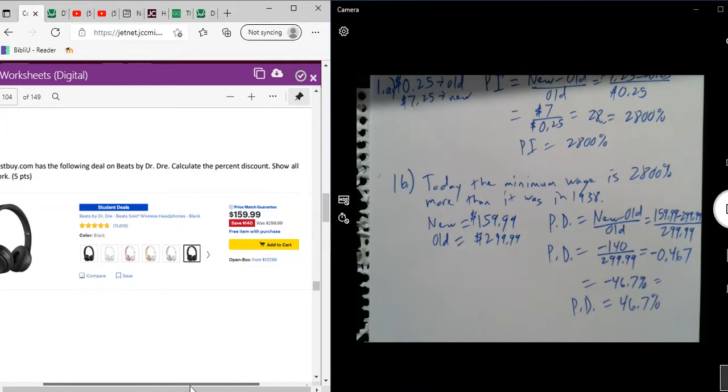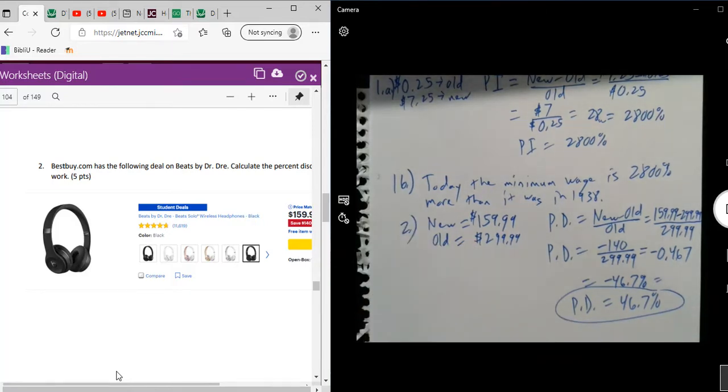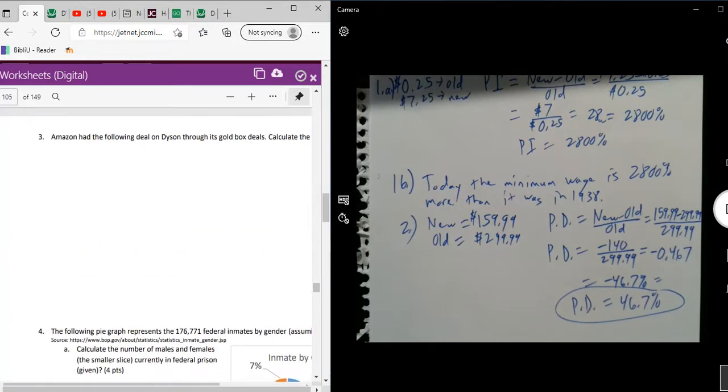They did not ask us to give a statement like we did in problem number 1. So this was problem number 2. All right, now we move on to the next page.